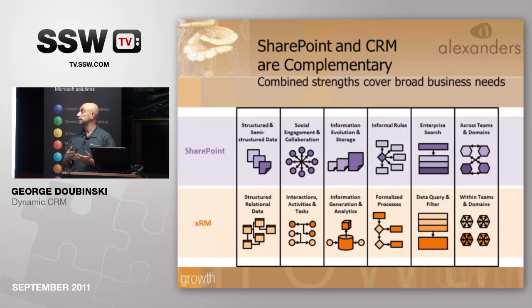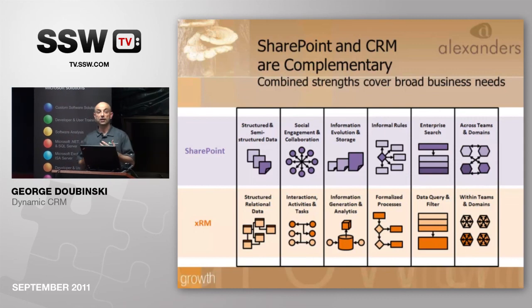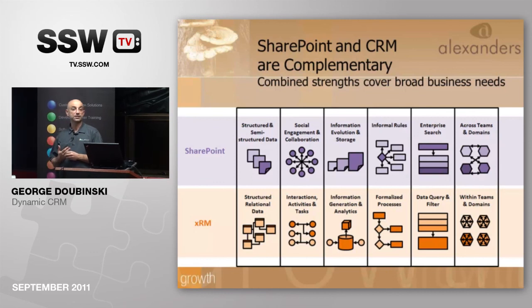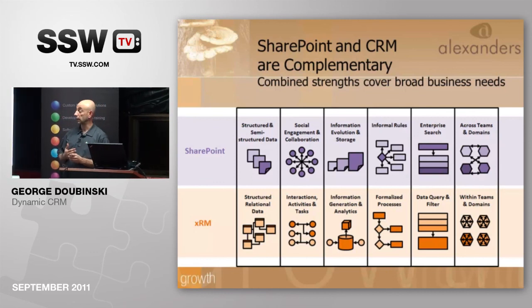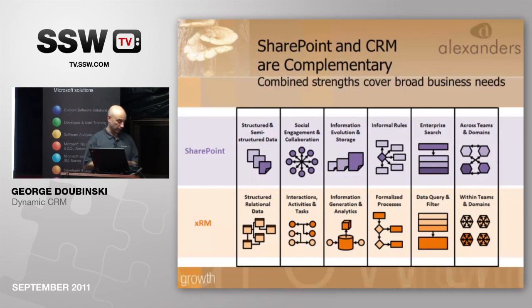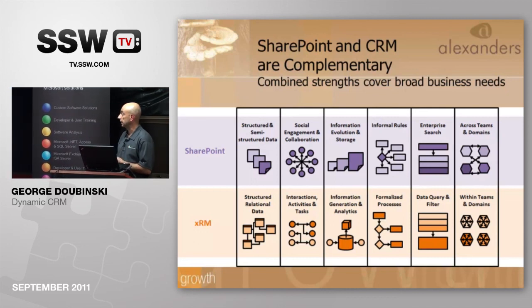In SharePoint, it's social engagement and collaboration, whilst in XRM you tend to go through interactions and activities, though there is some common social activity space in CRM as well. So it's about formalized processes versus informal rules in SharePoint.